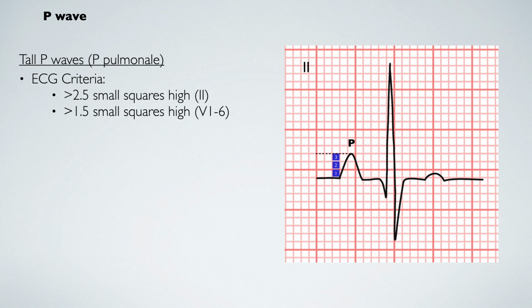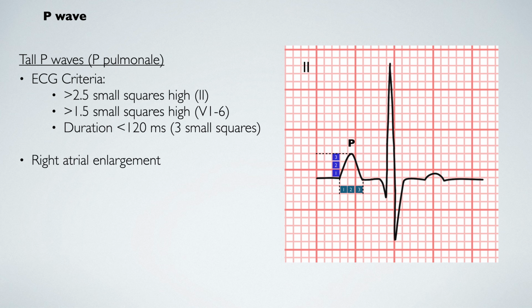The duration of the P wave should be 120 milliseconds or less. In our example here, you can see that the P wave has a duration of 3 small squares, which is equivalent to 120 milliseconds.